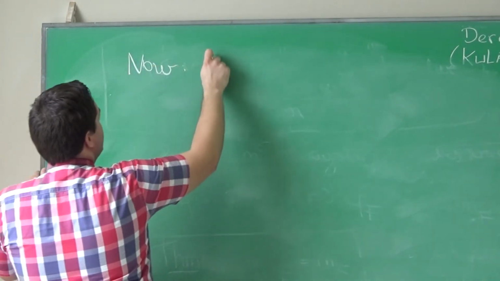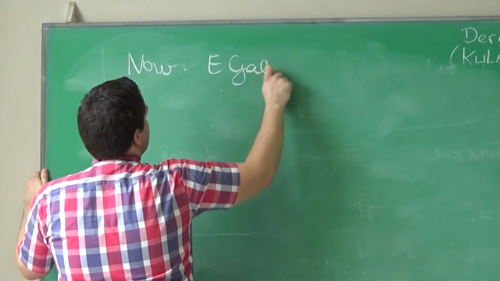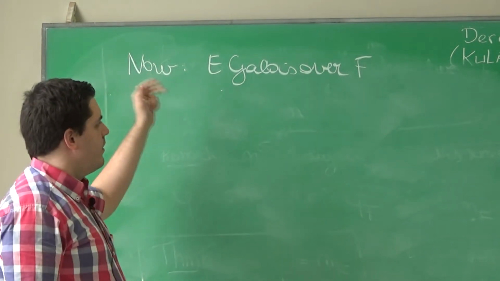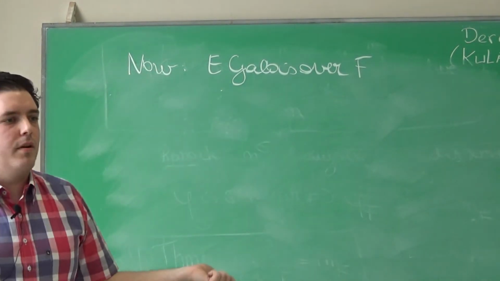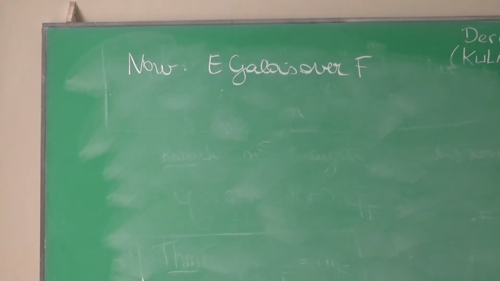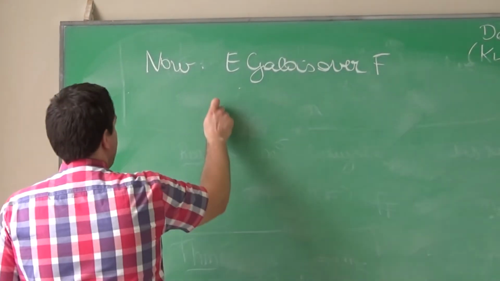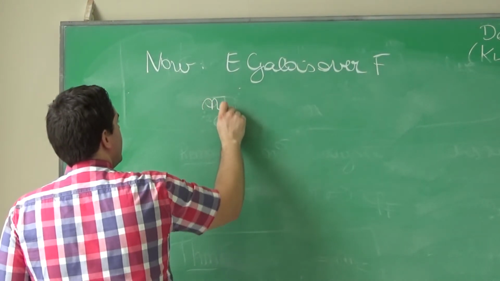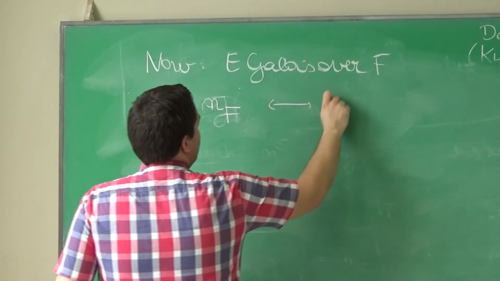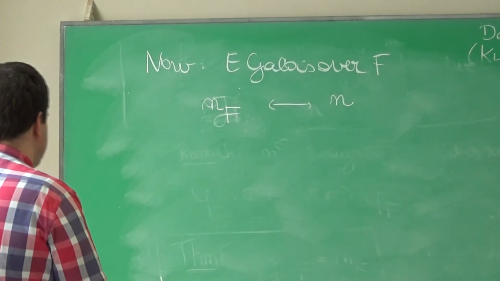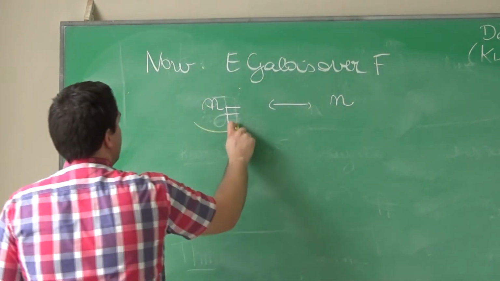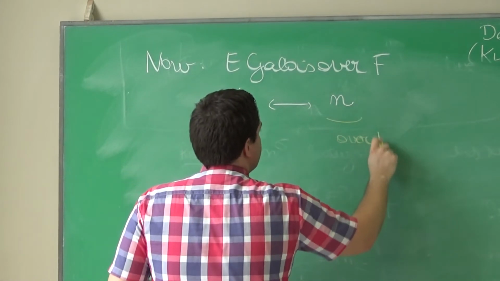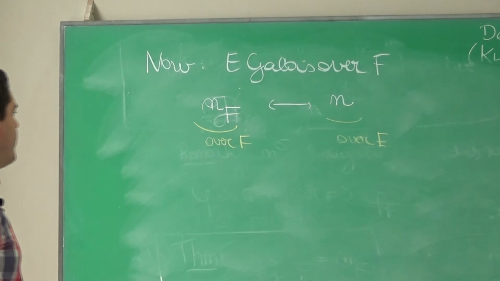So now we will take E Galois over F. Again, if you don't care about general fields, C is Galois over R, there's not a problem. And so what we want to do is suppose you have this underlying Lie algebra. I used N, I will keep on using N. And you have the original Lie algebra, N. And so this is a Lie algebra over F. This is one over E, so it's hard to compare them.